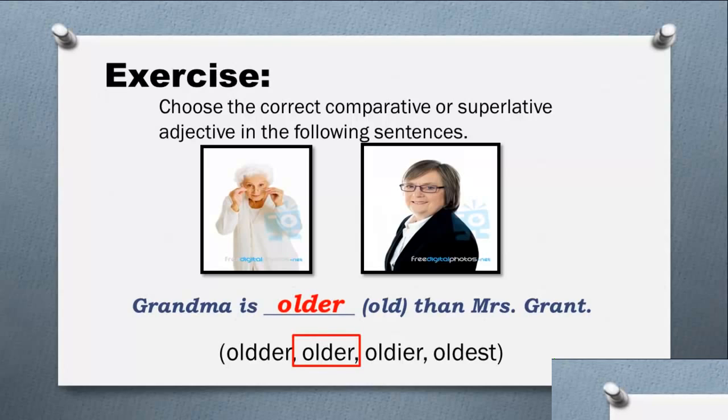Grandma is older than Mrs. Grant. The speaker in this sentence compares her grandmother to Mrs. Grant. It should be a comparative adjective, and the correct spelling is O-L-D-E-R. We don't double the last letter D, and we certainly don't add I-E-R after it.